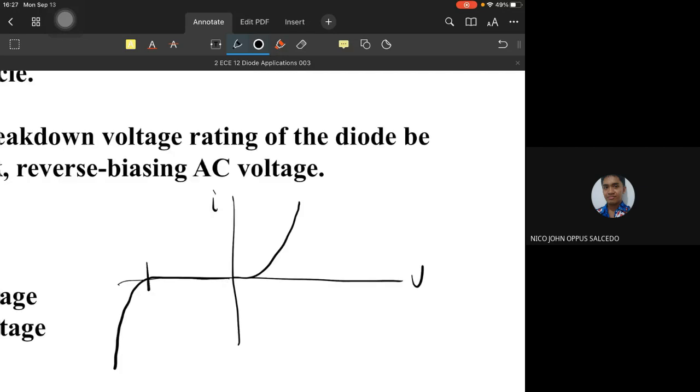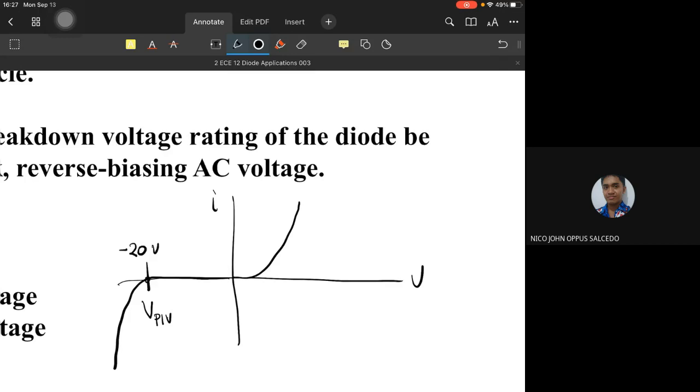This value has many names: Zener voltage, breakdown voltage, reverse voltage, or in this case the peak inverse voltage. For example, let's say this is negative 20 volts.